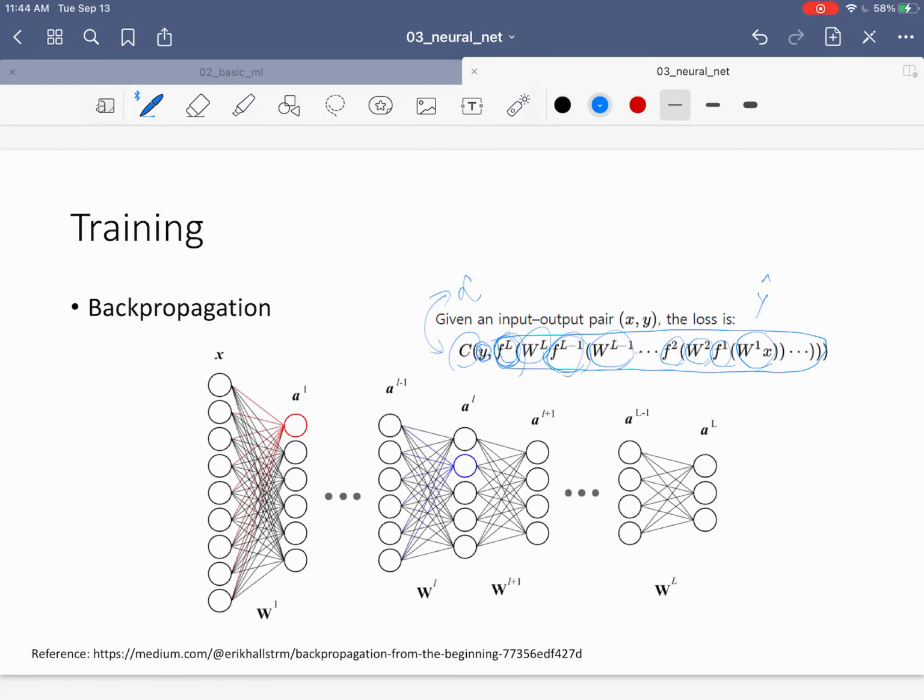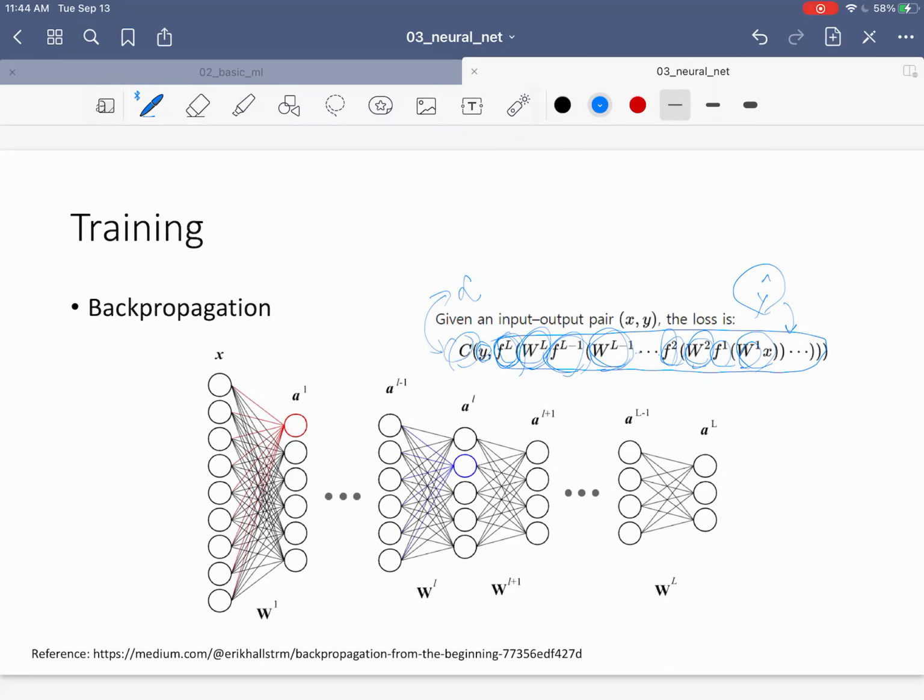The inner functions could be anything you want. It could be ReLU, it could be tanh, whatever you want. So basically, this is Y hat. You can understand why Y hat can be written as a function of nested functions. And there are a lot of learnable parameters: WL, WL-1, all the way to W2, W1. They are all trainable parameters. These are the parameters that you need to optimize.